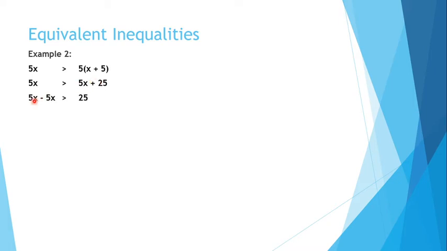So this is now 5x minus 5x is greater than 25. What will happen to this? Since we deducted 5x by 5x, the answer will now be 0. Then we copy the 25, so what will come out is that 0 is greater than 25.